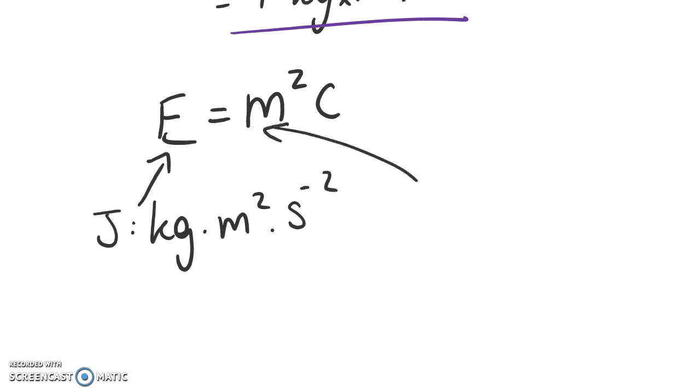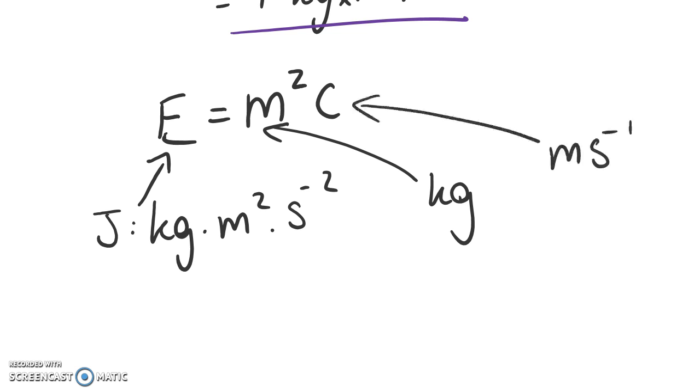Our mass is in kilograms, and our speed of light is in meters per second. Okay, so let's have a look at the right-hand side. m squared c. Let's let m equal 1 again, so 1 kilogram. We'll let c equal 1 meter per second.